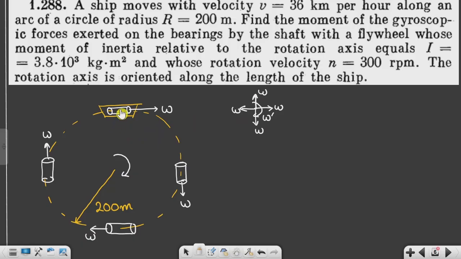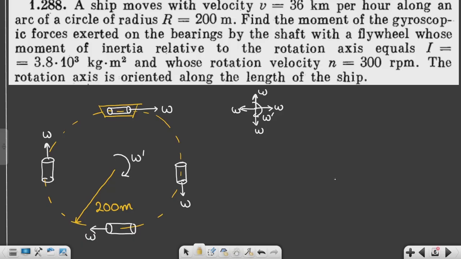That means if the angular velocity of the ship is one rotation per second, this omega will also rotate with one rotation per second. So within 1 second it will go from this position and come back to this position. So whatever is the angular velocity of the ship, the same is the angular velocity of precession. This much you understood? Okay.